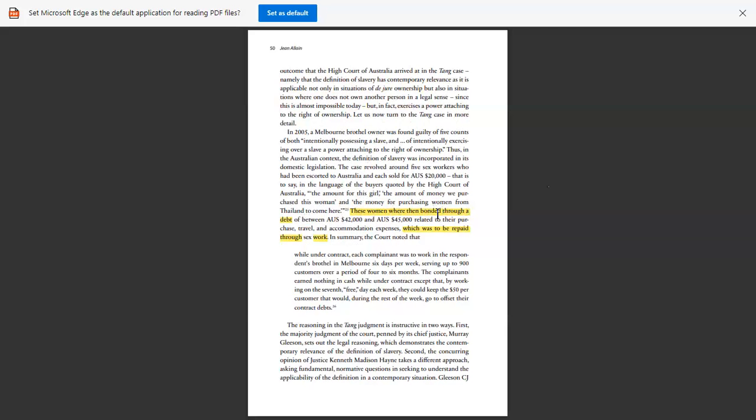If somebody is creating a debt for you and bonding you through that debt, or if you owe a debt and you had to place a bond, then to that degree, this court pointed out that it was the captor doing it, and the fact that they created this bond through debt created the situation that was a condition like slavery. And the debt created by the captor was to be repaid through work.